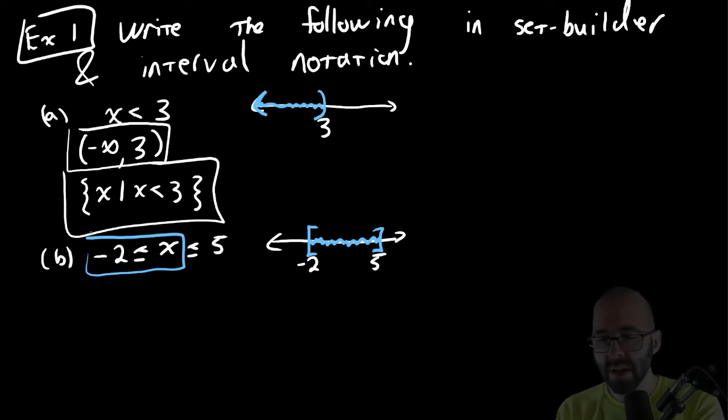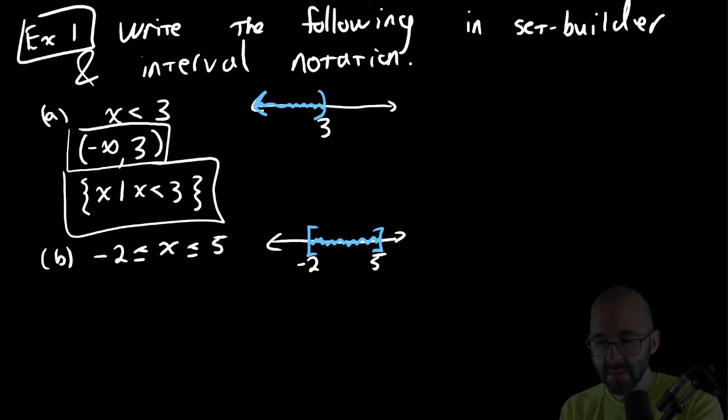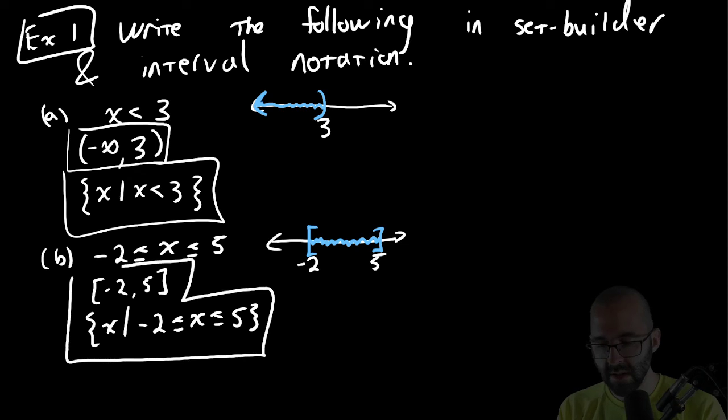But you could also think about that as x is bigger than or equal to -2. These pieces are equivalent, right? If I'm shorter than you, you are taller than me, is the kind of idea that's going on here. So we're just going to write -2 to 5 like this, and the set of all x such that x is between -2 and 5, like so.